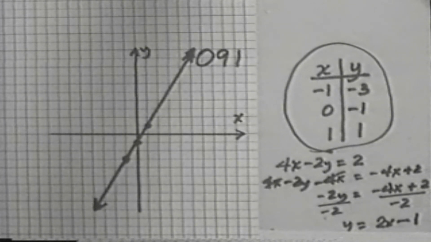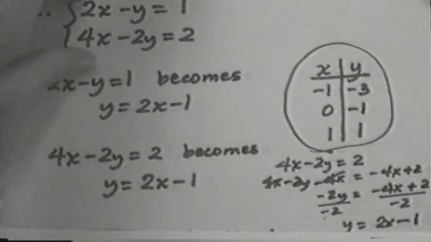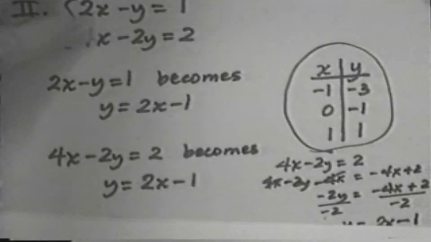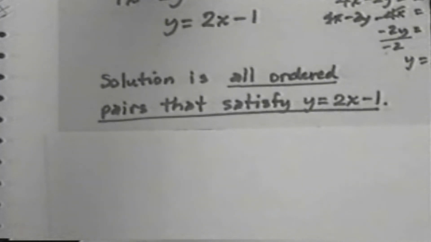How do we write the answer? There are different ways to write the answer. We need to make sure we understand that the solution is all ordered pairs that satisfy the equation y equals 2x minus 1.